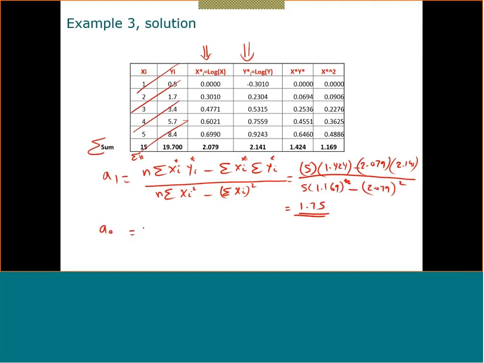Okay, so now I will take the average of these values.